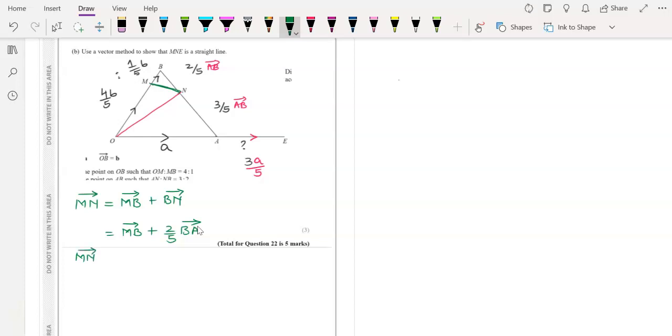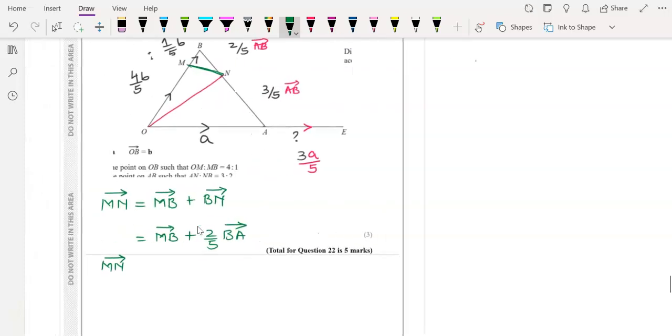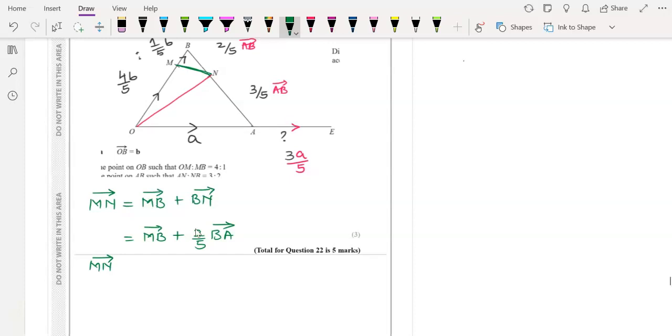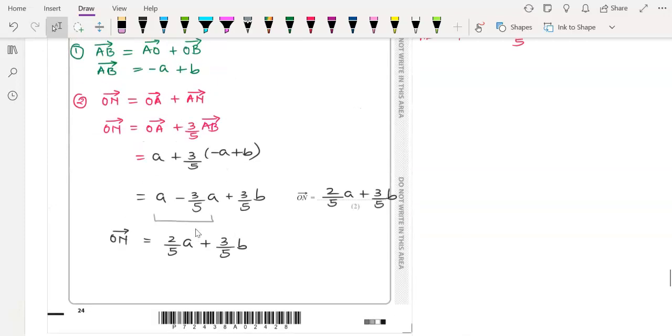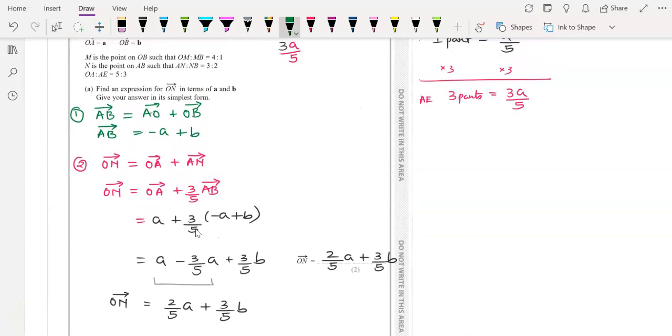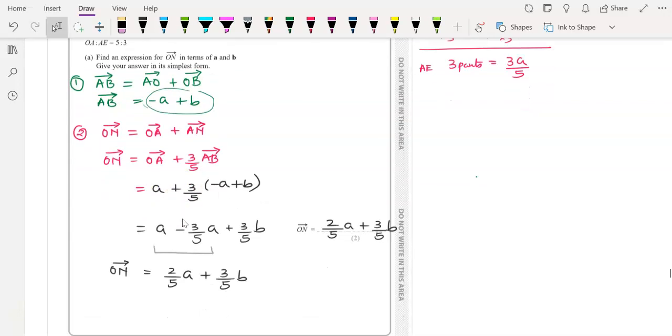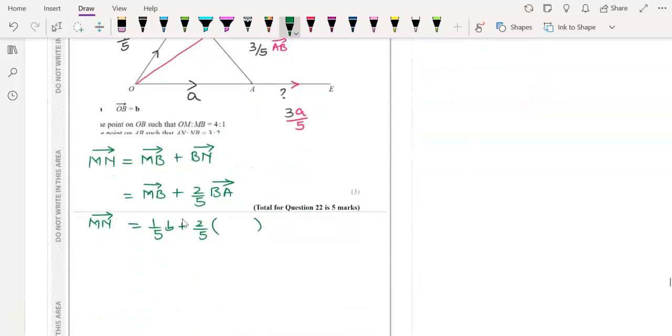So vector MN is MB is 1/5 of B plus 2/5 vector BA. We have AB, okay? AB was minus A plus B. So when you make it reverse, it will be A minus B. So BA will be A minus B. So vector BA is A minus B.